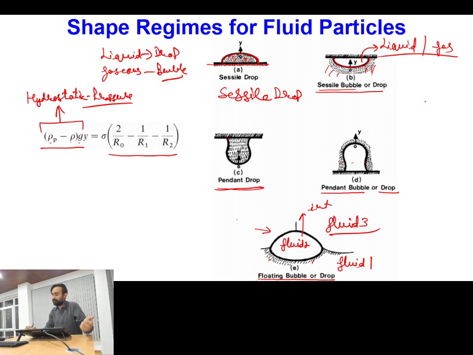So if you have a simple drop, there is higher pressure within the drop, this inner pressure, and this is the outer pressure. What is the difference of inner pressure minus outer pressure? 2 sigma by r naught, if r naught is the radius of this.